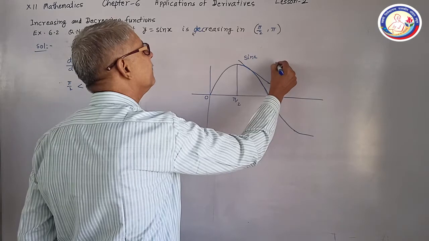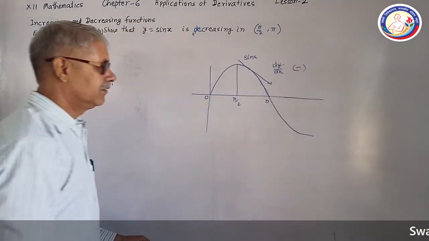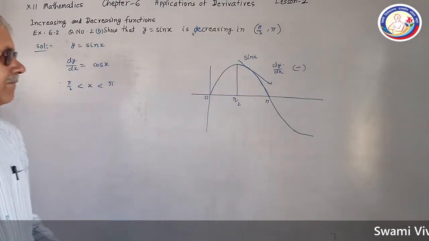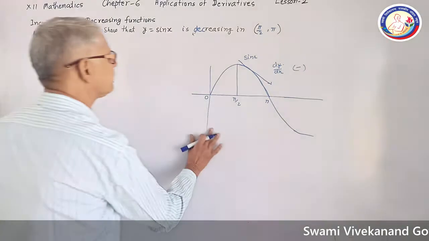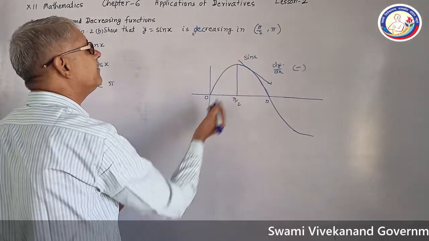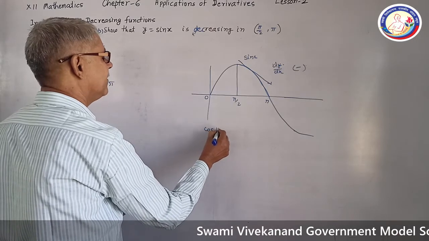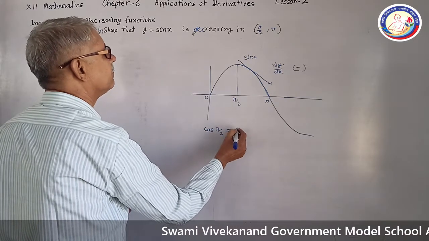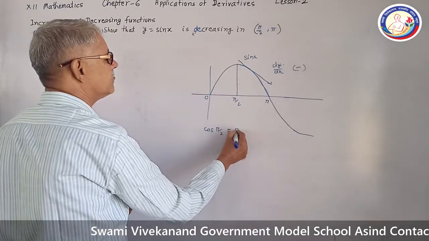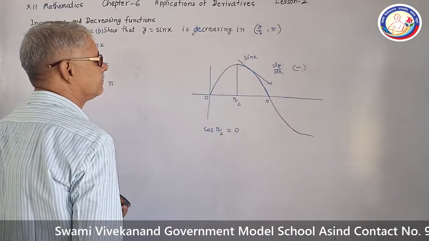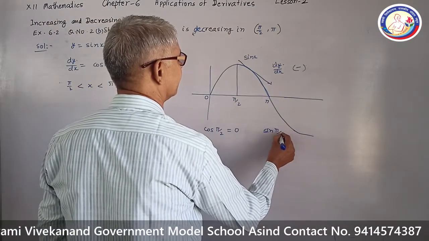It means dy by dx will be with negative sign. It is indication. We can check it also by derivative also. The value of cos pi by 2 is 0 and sin pi by 2 is 1.